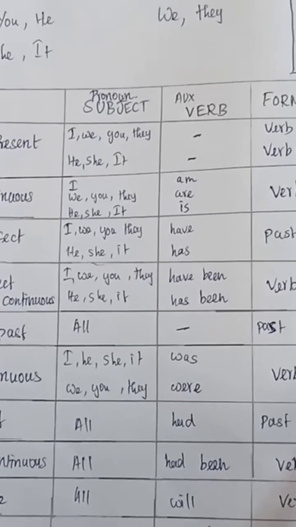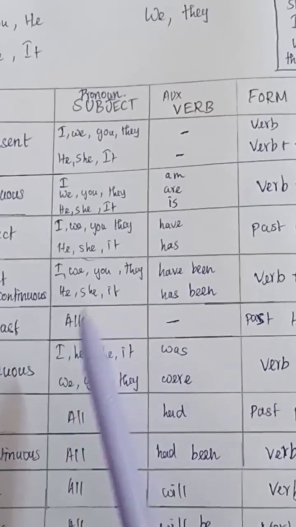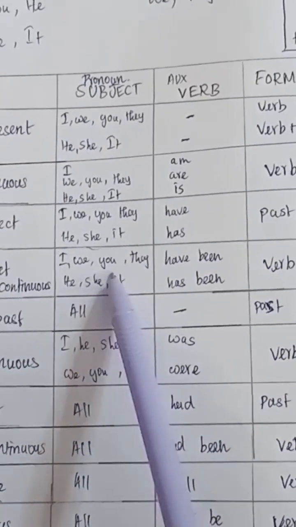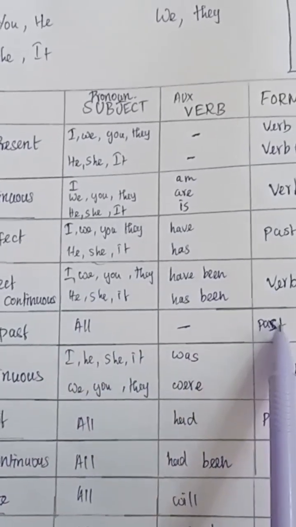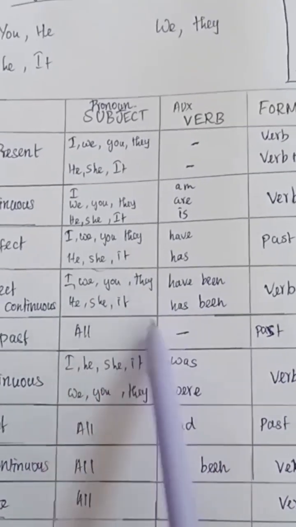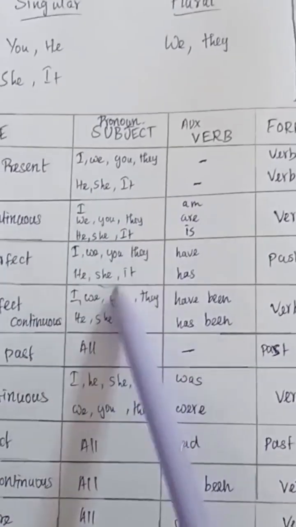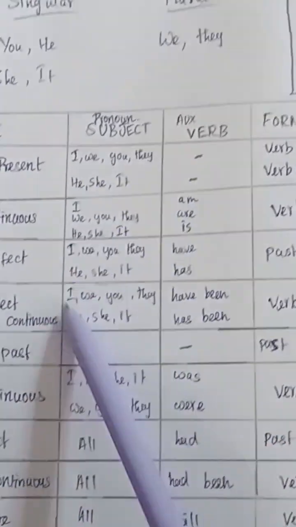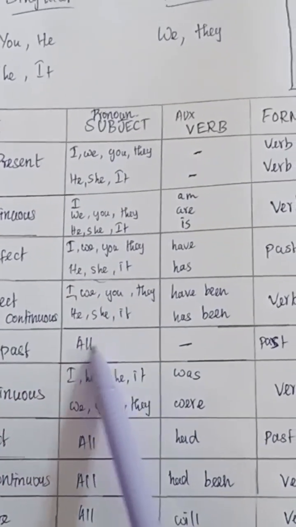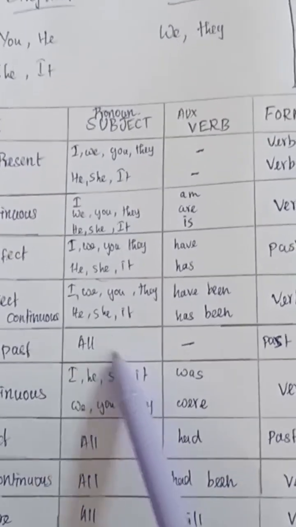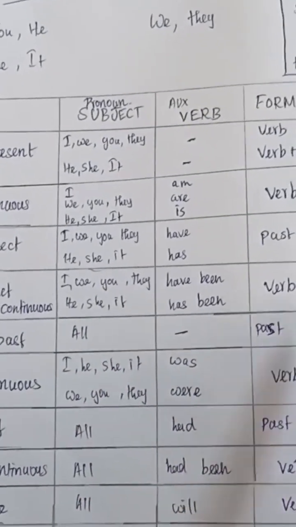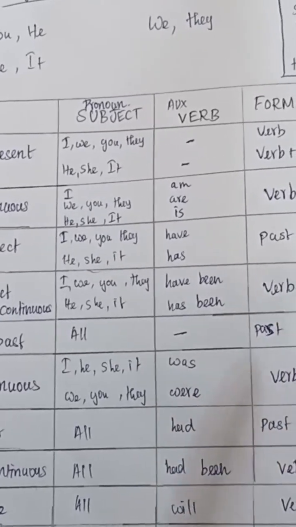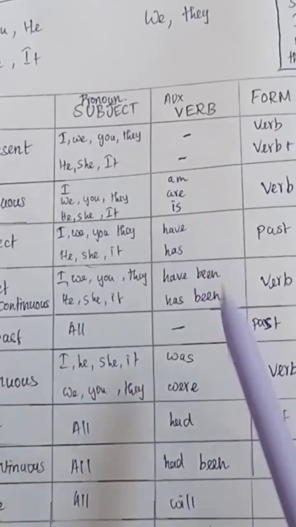So the past tense for write is wrote. All of these pronouns can be matched with the normal past verb form when it comes to simple past tense.